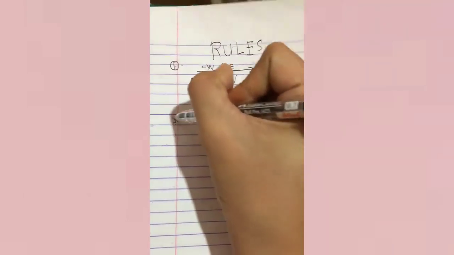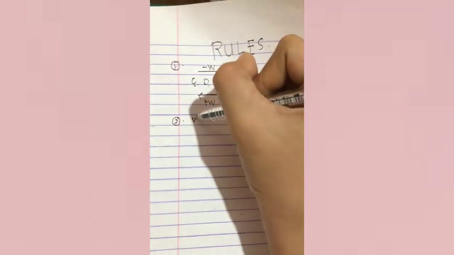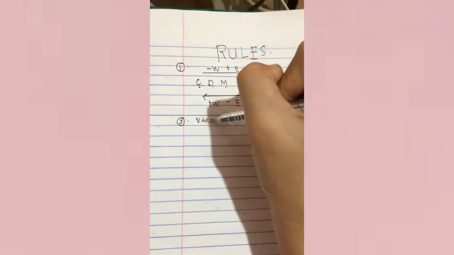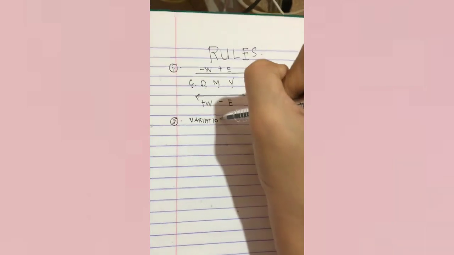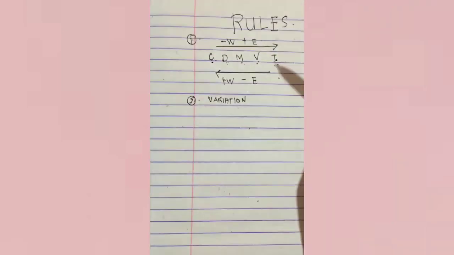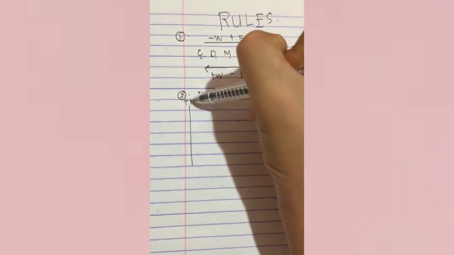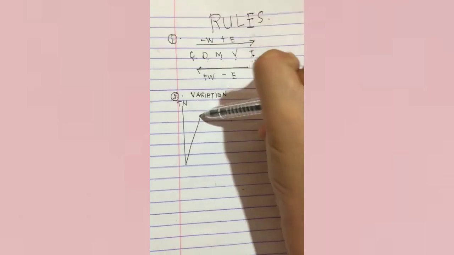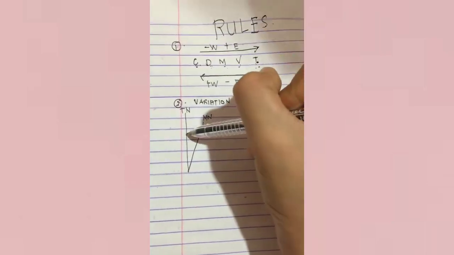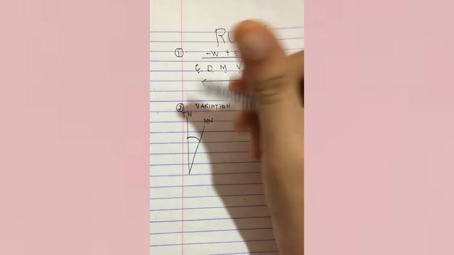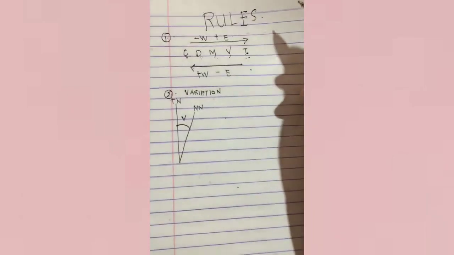So the second rule is, when calculating the variation, we also have rules to follow. So variation, as we all know, is the angle between true north and the magnetic north. So this angle is what we call the variation.